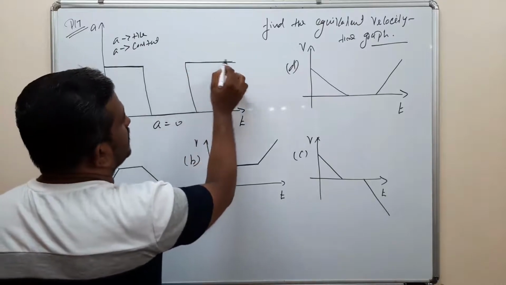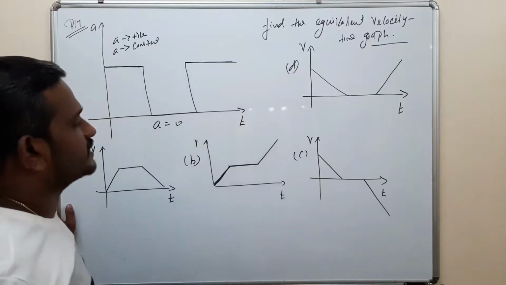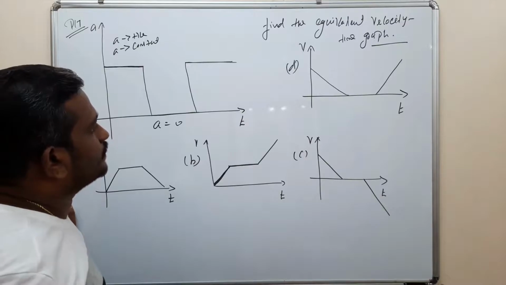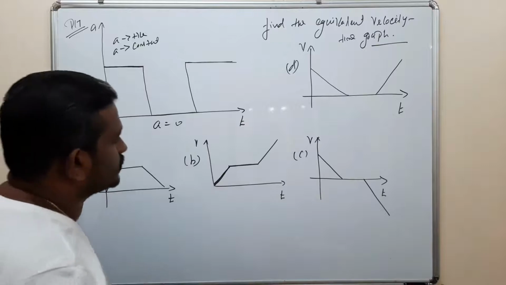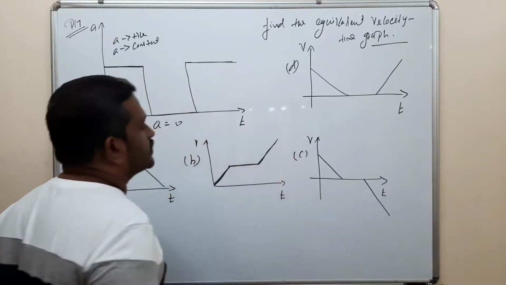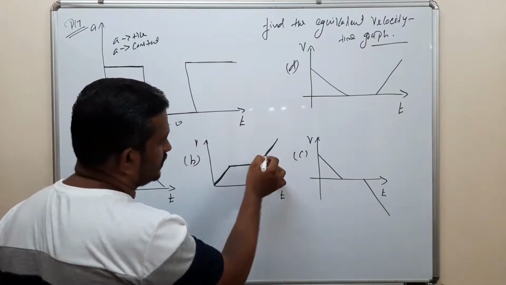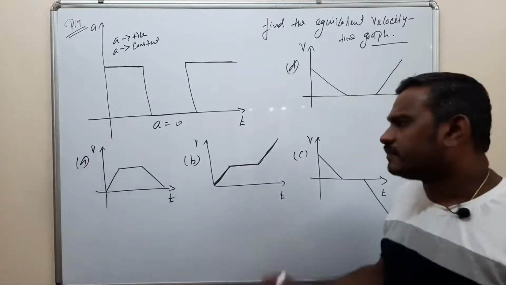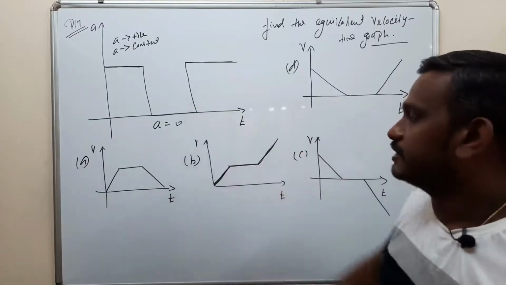The acceleration increases from 0, and it is also positive. So the line is like this. Acceleration increases, acceleration positive, like this. So this is the equivalent velocity time graph for this acceleration time graph.